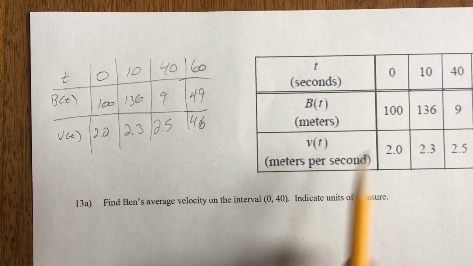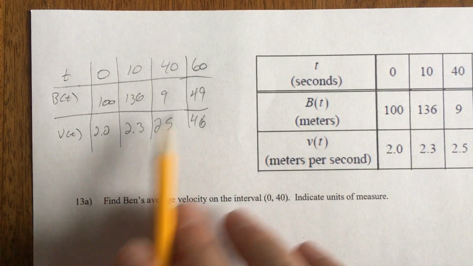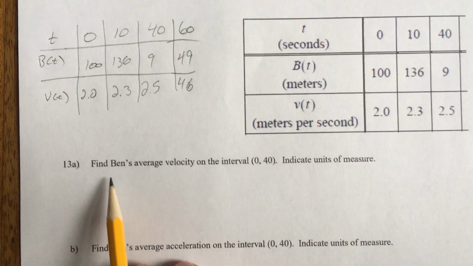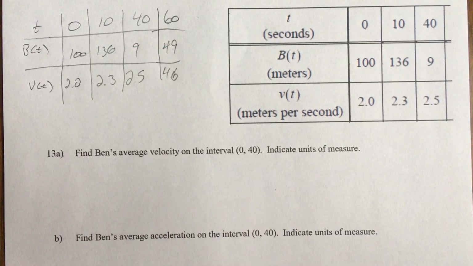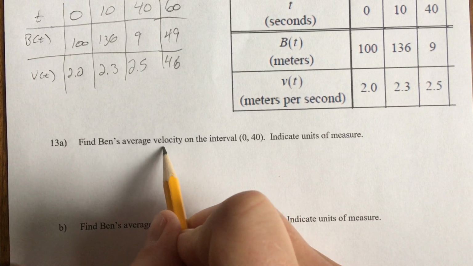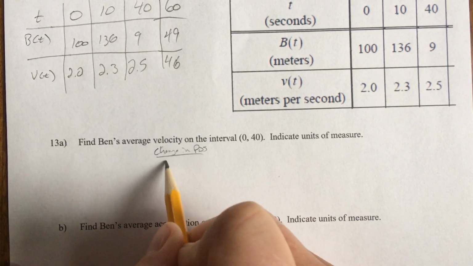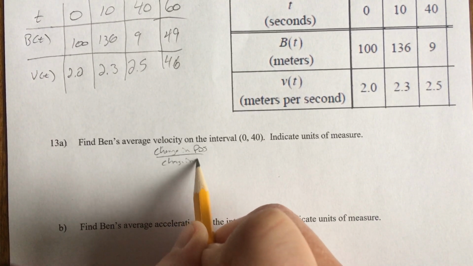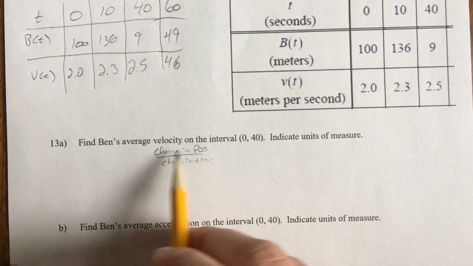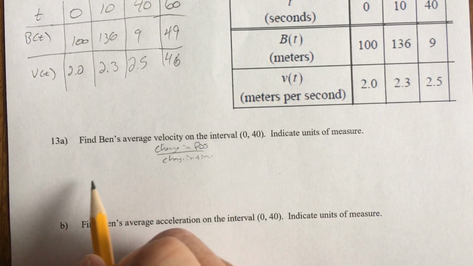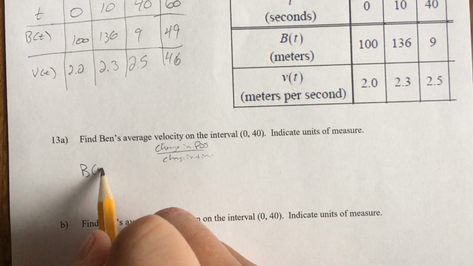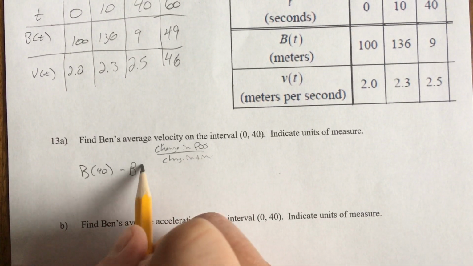Okay. Then we were given a table, and I do apologize, but I couldn't get the table to print on mine, so I just rewrote it here. It says find Ben's average velocity from 0 to 40. So our average velocity will be the change in position over change in time. That's what velocity is. So I want to take his position at 40 seconds minus his position at 0.